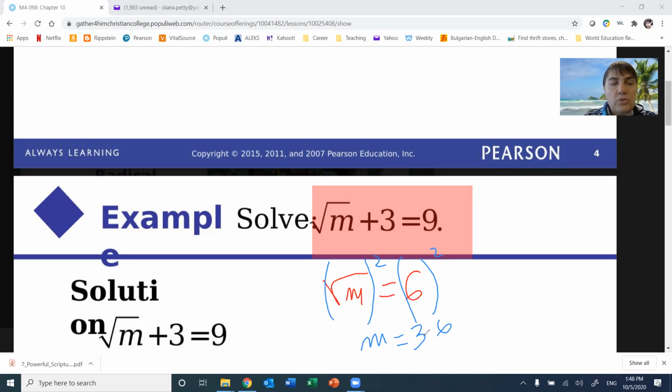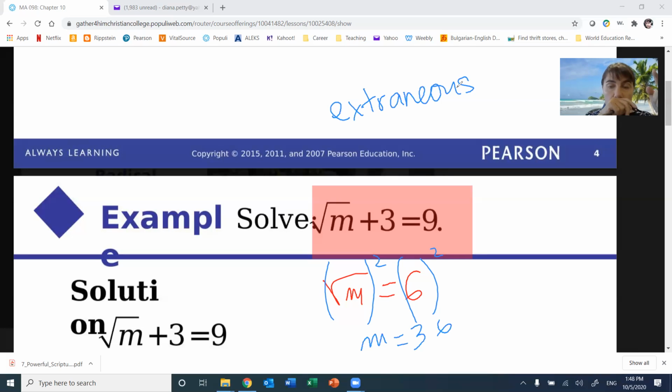However, I usually don't make you check your answer, but in this chapter you have to check your answer, because sometimes you get something called an extraneous solution. Extraneous solutions are not really actual solutions. They pretend to be, but they're not.